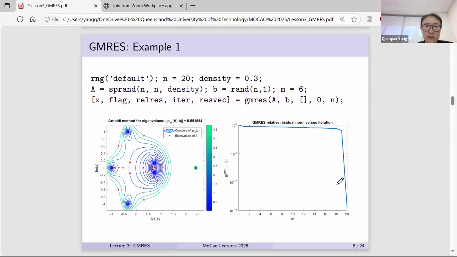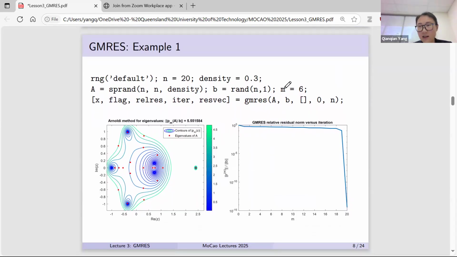All right, so first example. This is me just generating a matrix, a sparse matrix A, 20 by 20, with some density 0.3, and then some random right-hand side vector b.